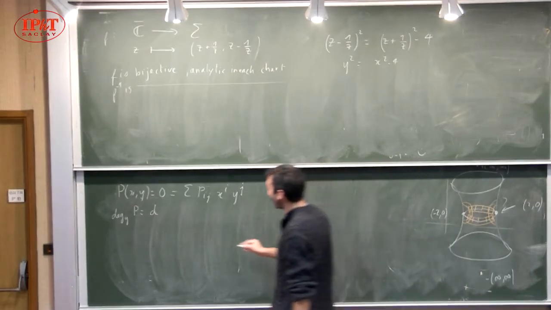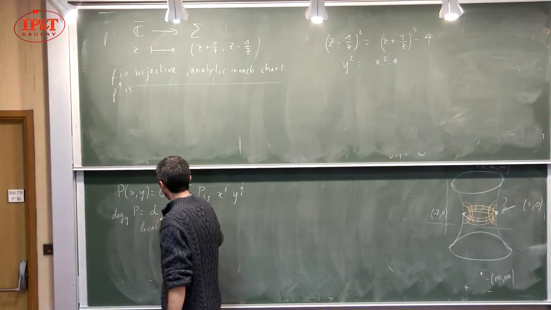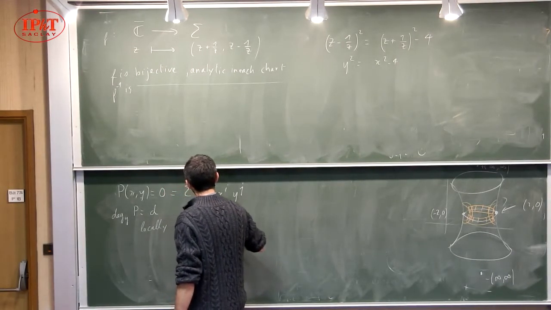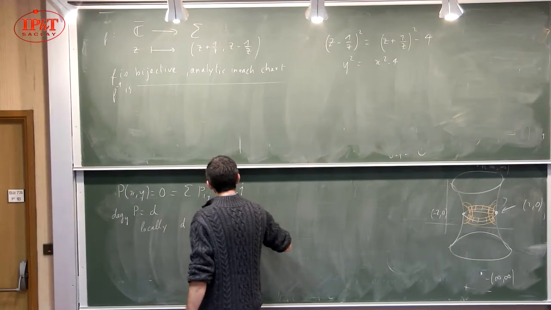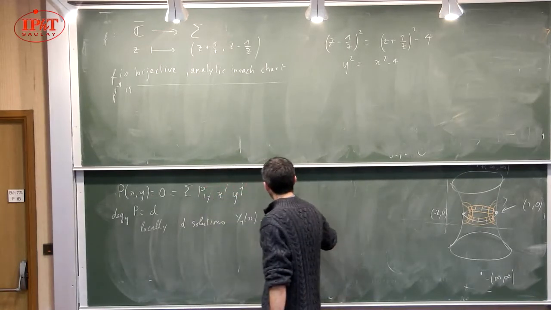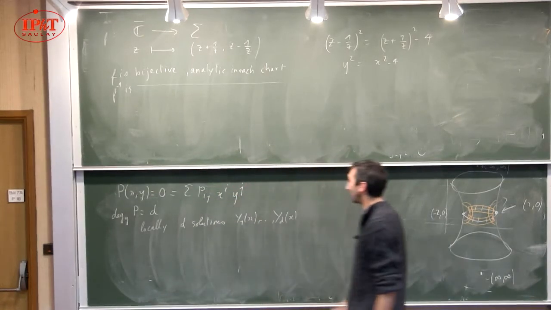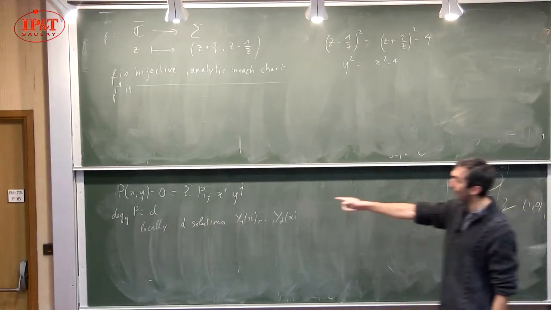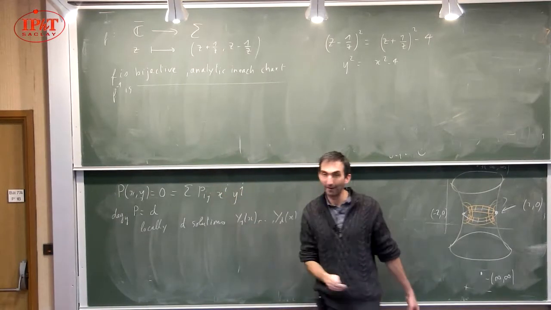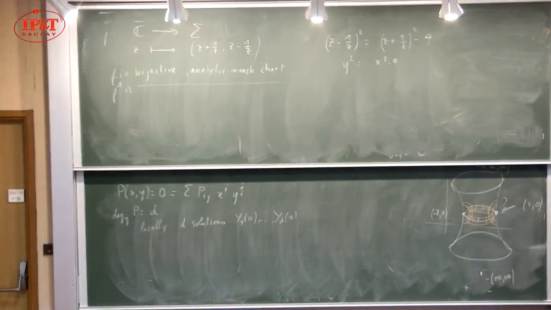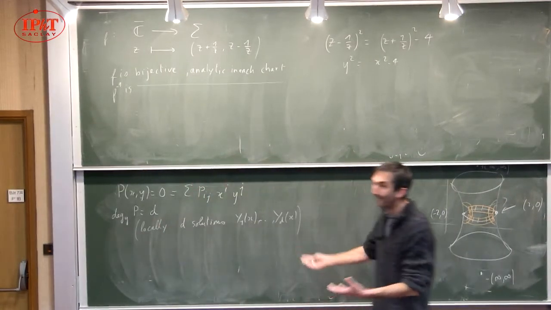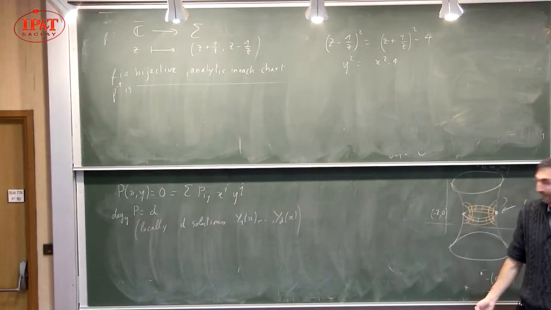So locally, there are d solutions y_1 of x, ..., y_d of x. If you want to solve this equation for y as a function of x, you find generically d solutions because it's an equation of degree d. And the idea is how are we going to glue them together to make a Riemann surface.